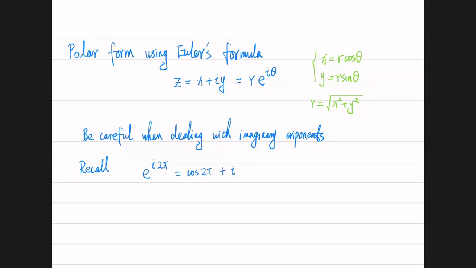cosine 2π plus i sine 2π. So what's cosine 2π? That's 1. Sine 2π is 0.